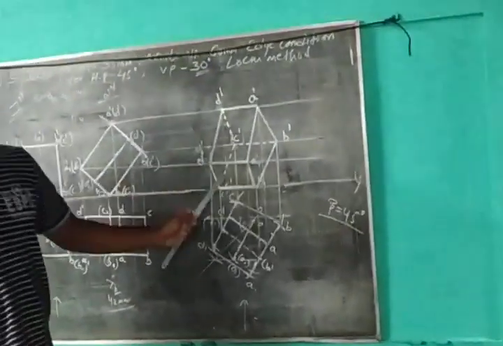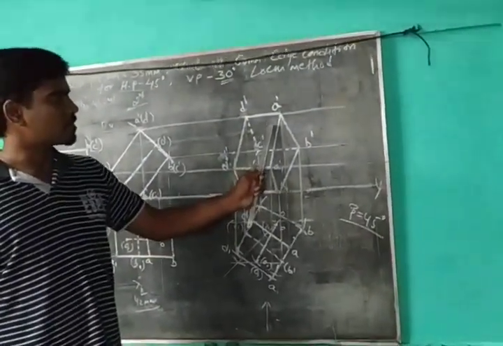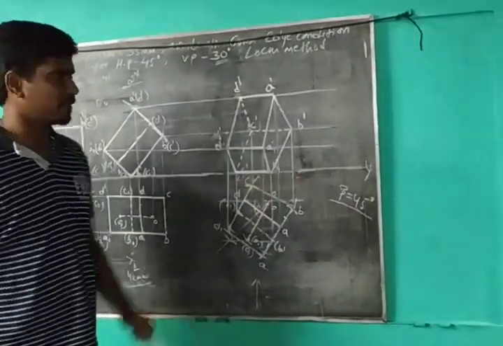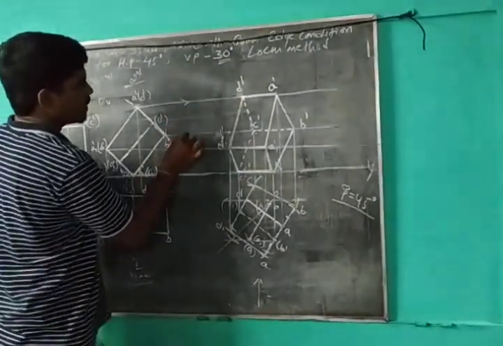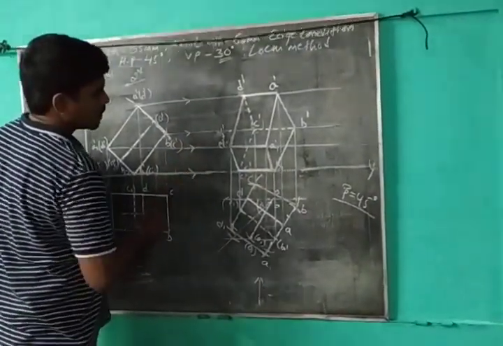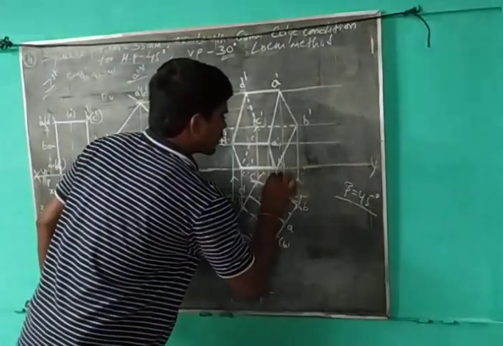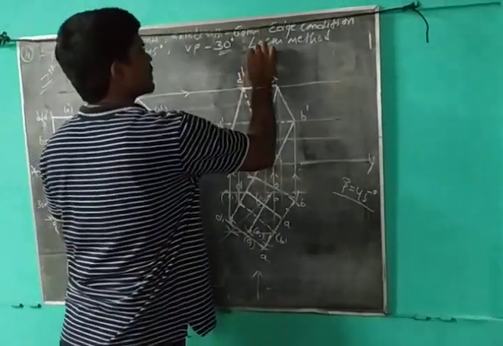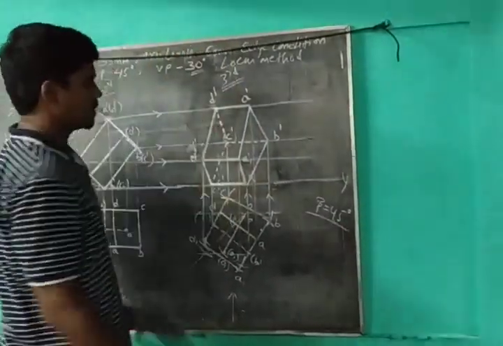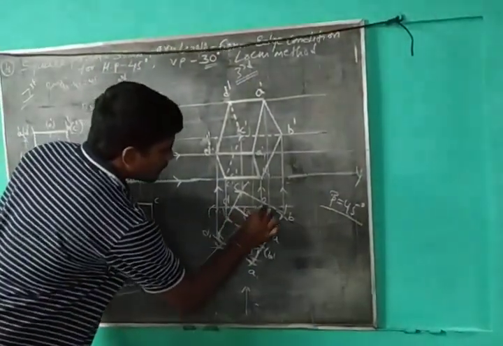So this is the final view. Bottom face is visible, this face is not visible, that's why it is indicated in the dotted line. I have to show the arrow mark. And this is the final third position with the beta angle.